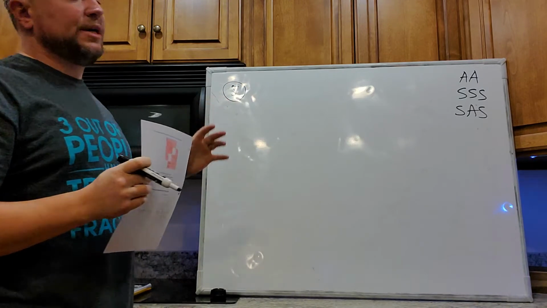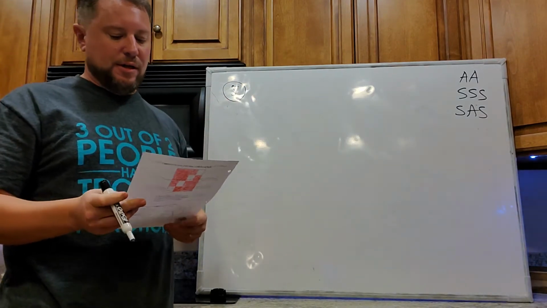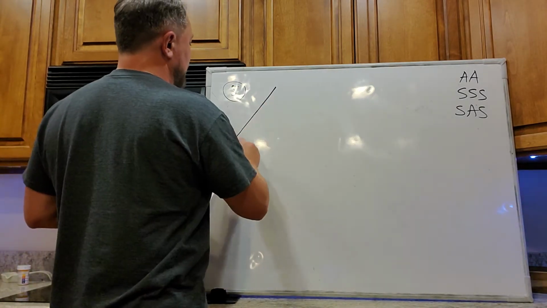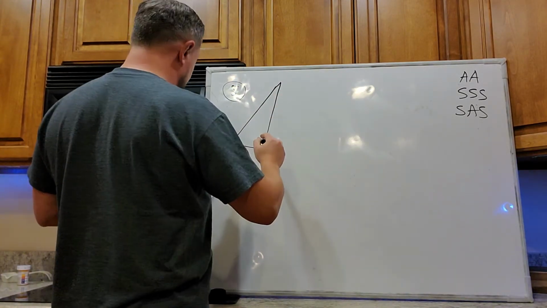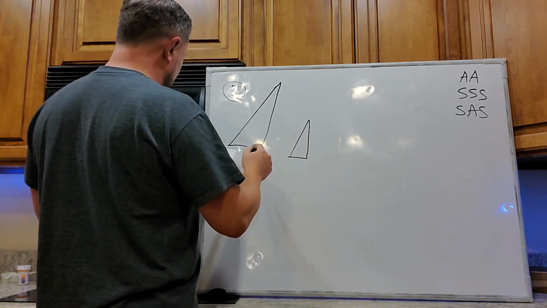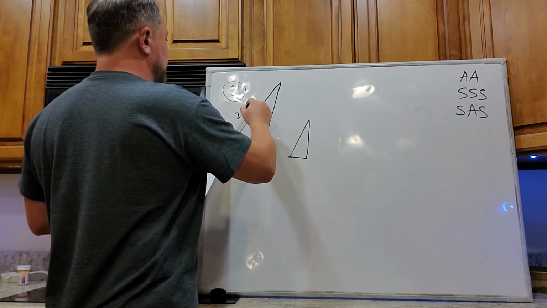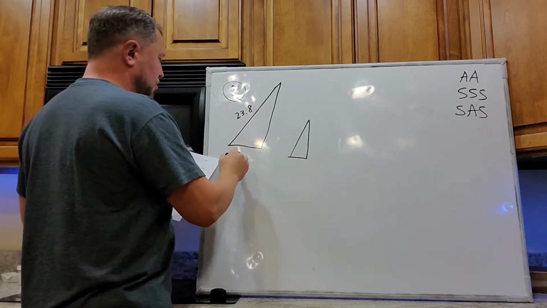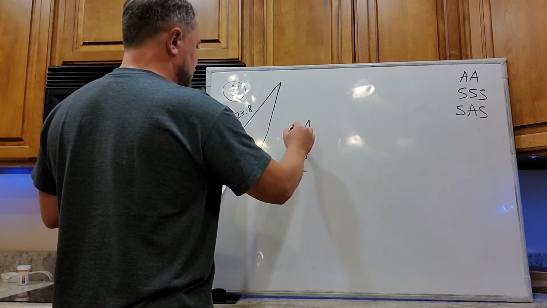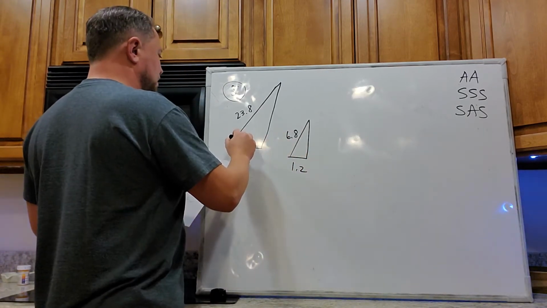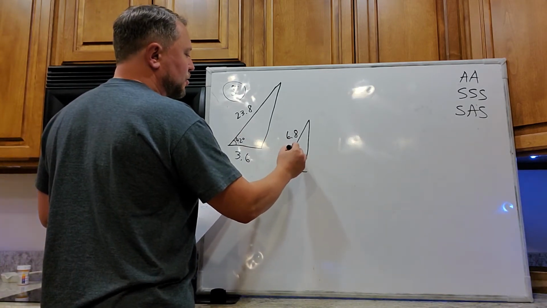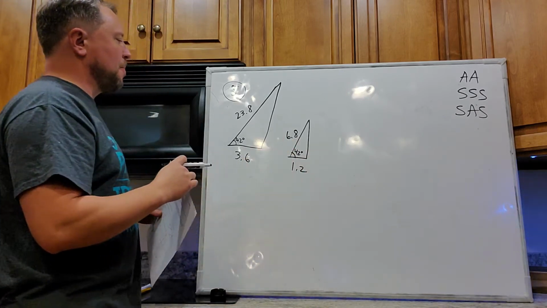And they even say on 5 and 6, they want you to give a reason if they are similar. So on number 5, they've got a picture that looks something like this, where they give you 23.8 for that length, 3.6 for this one, 1.2 for that one, 6.8 for this one. They tell you this is a 42-degree angle, and this down here is also a 42-degree angle.